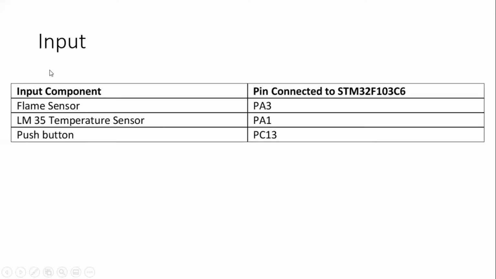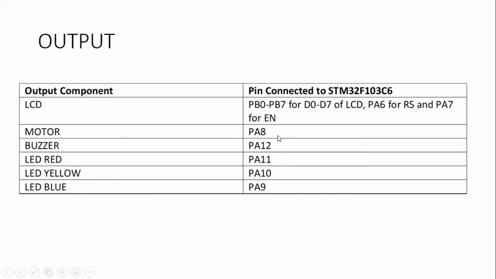And this is the input for the components. For the input components, we use the flame sensor, which is connected to pin PA3, then the temperature sensor, which is connected to PA1, and then the push button, which is connected to pin PC13. And this is the output.